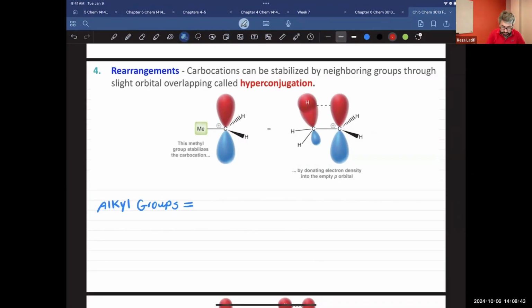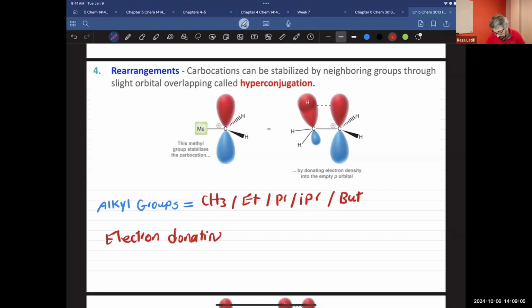Alkyl groups like CH3 or, say, ethyl, propyl, isopropyl, or butyl groups, any version of them, any alkyl group, are electron donating groups.